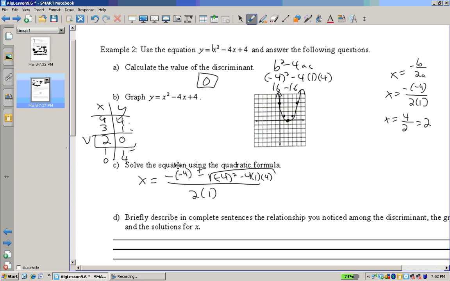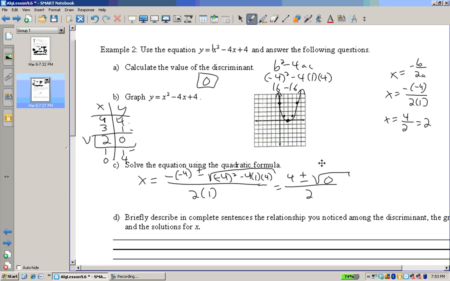Remember, negative b plus or minus the square root of b squared minus 4ac, all over 2a. And that gives us our quadratic formula. So now we have opposite of negative 4, that's going to be a positive 4, plus or minus. Now you notice that this is the discriminant, which we had just worked on. We found that the value of the discriminant was 0, so I'm just going to go ahead and plug that in, save myself a little work.